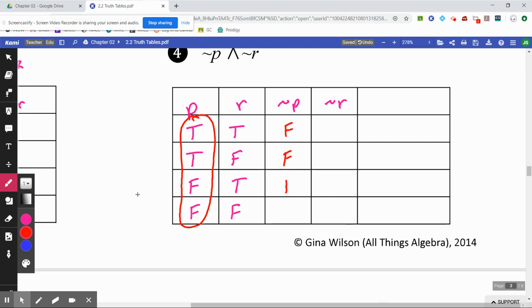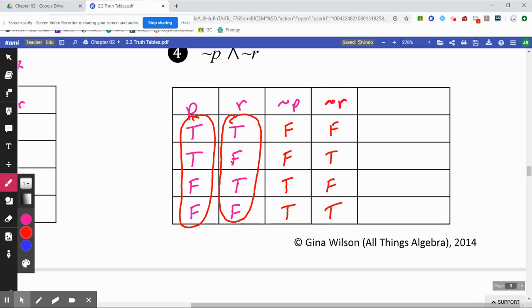If P is false, then not P is true, and the same thing there. Then we're going to use R to do not R. If R is true, not R is false. If R is false, not R is true.